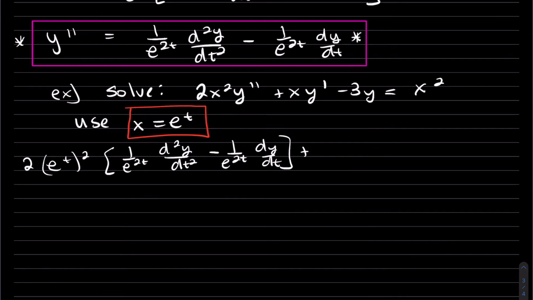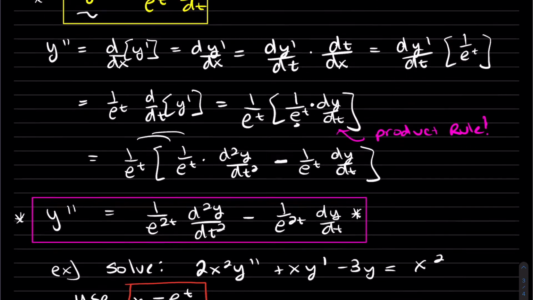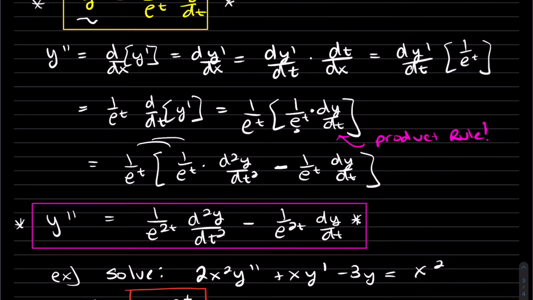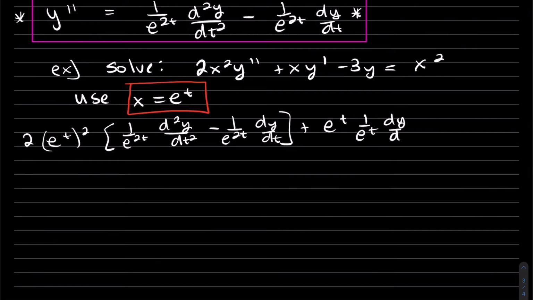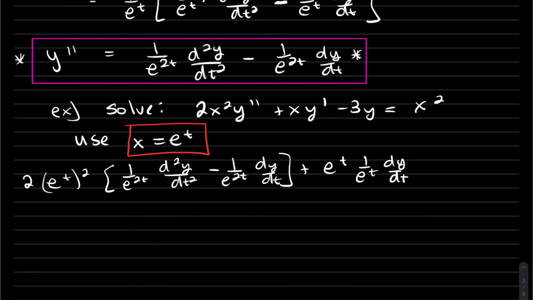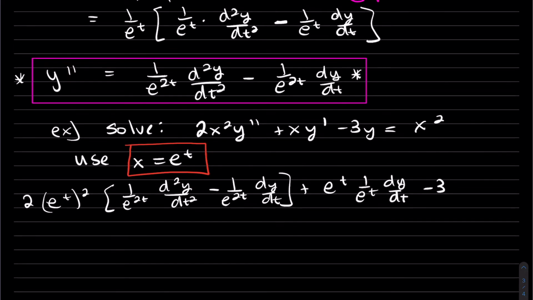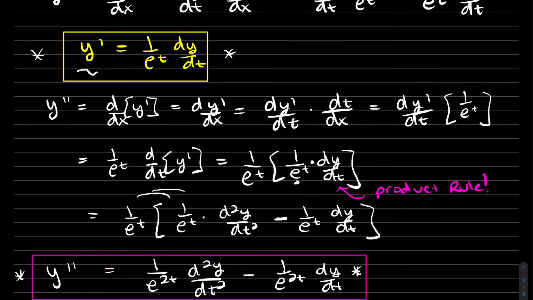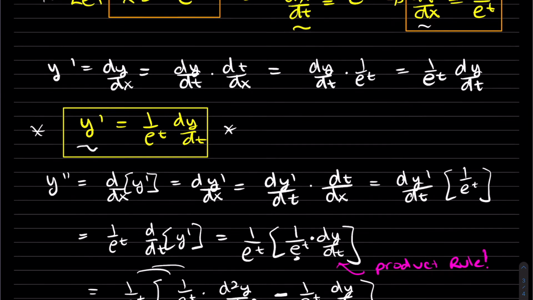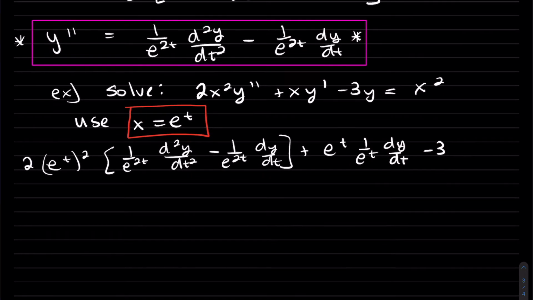I replace x with e to the t times y prime. Y prime is this. Check that, yep. Minus 3 times y. Well, we don't actually have a y, so we just keep y there. See how we have y's in our formula? So that can just stay.